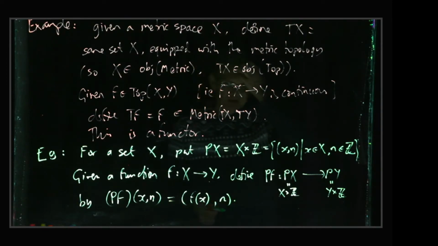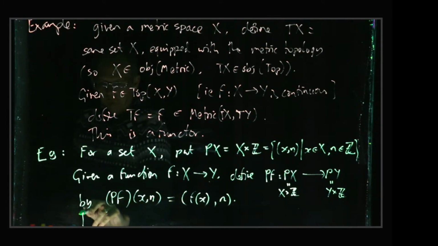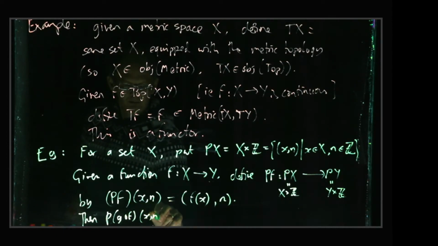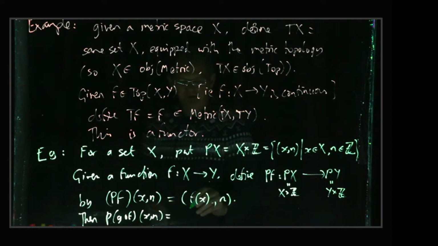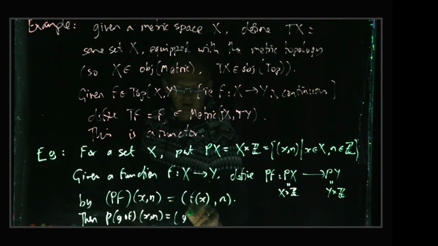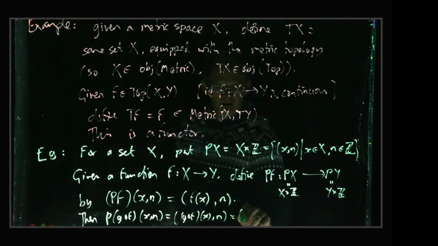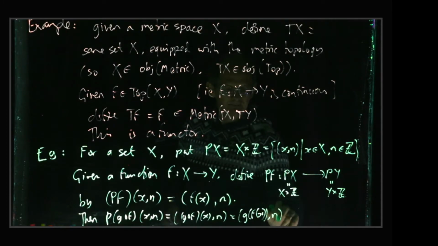Okay, so we need to check that this is a functor. So we apply this to, say, a composite g composed with f, so then this is going to be, by definition, g composed with f applied to (x, n), which is (g(f(x)), n).